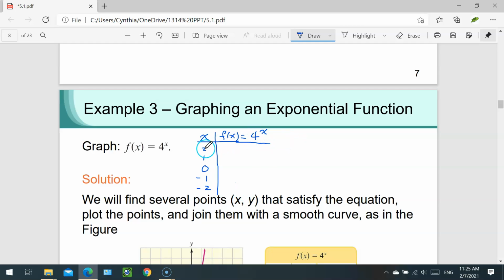We compute these 5 points into the function. 4 to the power 2 is 16, 4 to the power 1 is 4, 4 to the power 0 is 1, 4 to the power -1 is 1/4, 4 to the power -2 is 1 over 16. Now we can sketch.